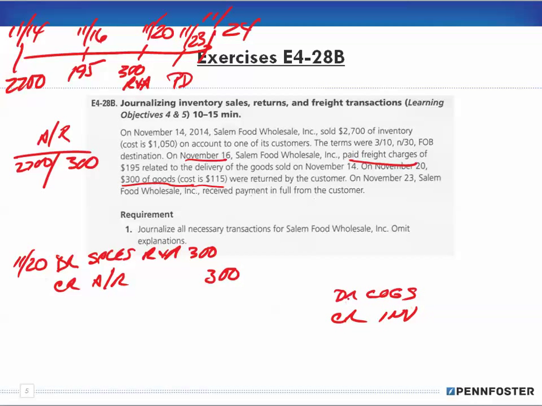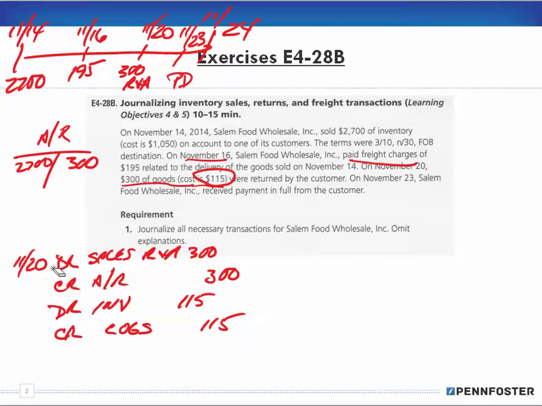Well, now, because we took it out, we have to put it back in. So we're going to debit inventory for the cost of $115, and we're going to credit cost of goods sold for $115. Okay, so that's our entry for 11/20.